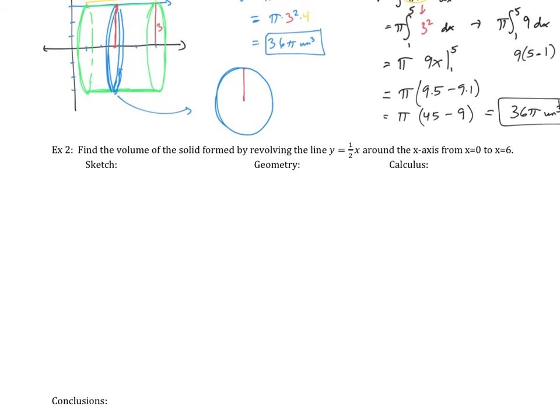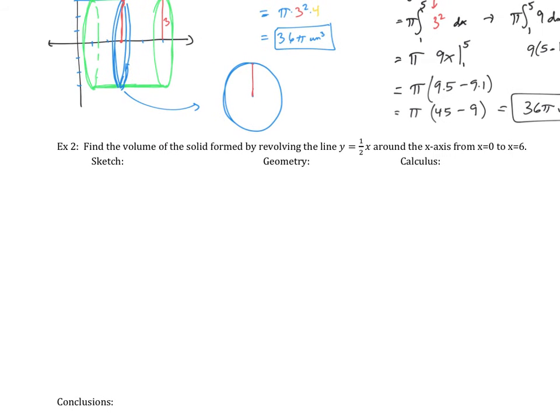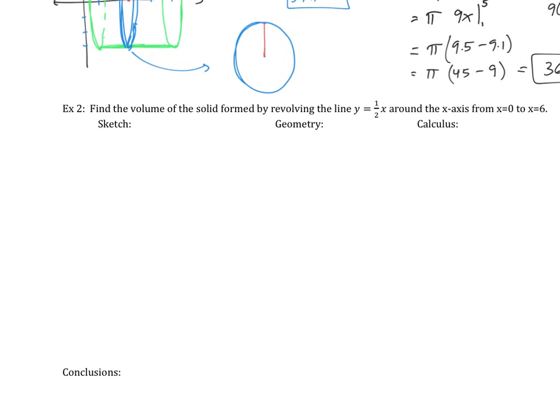So I'm now going to do the volume of a solid formed by revolving the line y equals 1/2 x around the x-axis from x equals 0 to x equals 6. Yep, you got it. Start with a picture.